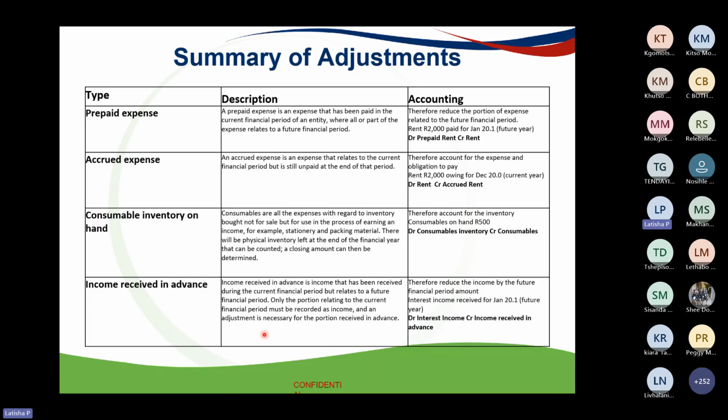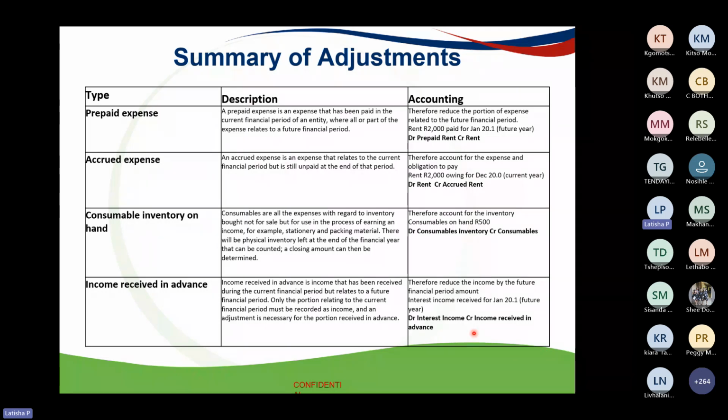So we received the income in advance, and that means we need to then move the portion that we received in the current year out of our financial records because it relates to a future year. So in this example, we have interest income, which we received for January 20.1, which is the future year. So here we would debit interest income to reduce the income, and we would credit income received in advance.